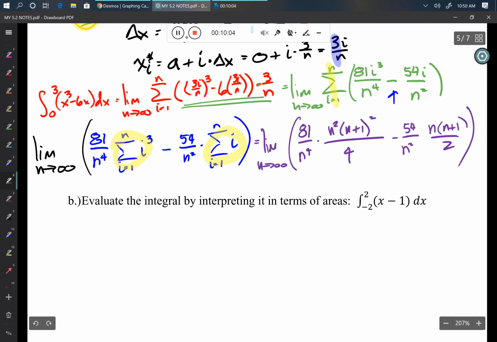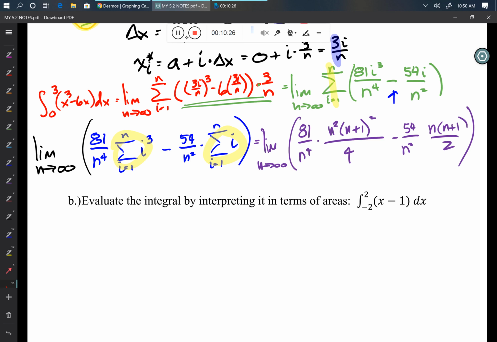Okay? So I'm going to draw some arrows here so we can see what became what. Okay? The i cubed is right there. The i is right there. The coefficient's still there, and that coefficient's still there. Okay? Now I just need to take the limit of this business. Okay? What do we got here?